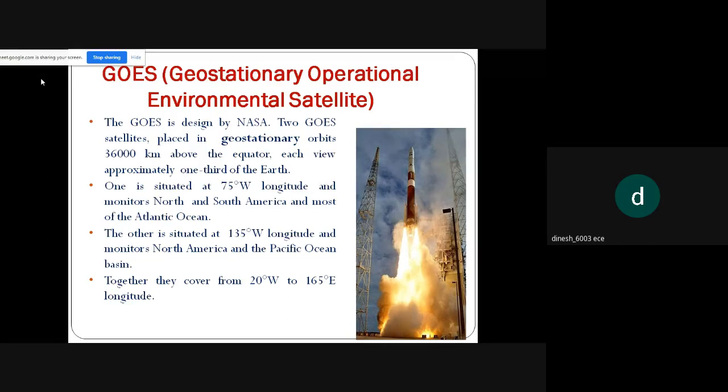One is situated at 75-degree west longitude and monitors North and South America and most of the Atlantic Ocean, whereas the other, situated at 135-degree west longitude, monitors North America and the Pacific Ocean. Together they cover the region from 20 degree west to 165-degree east longitude.